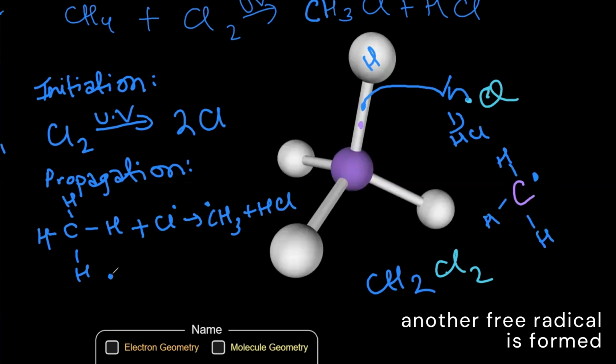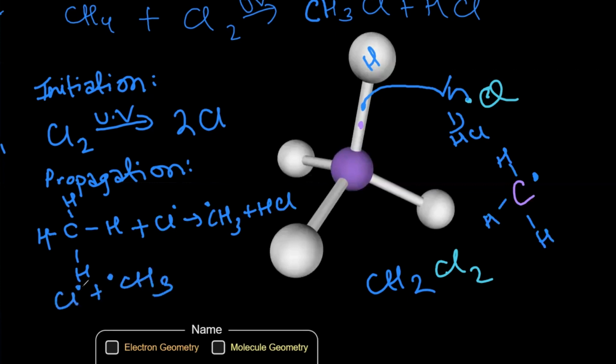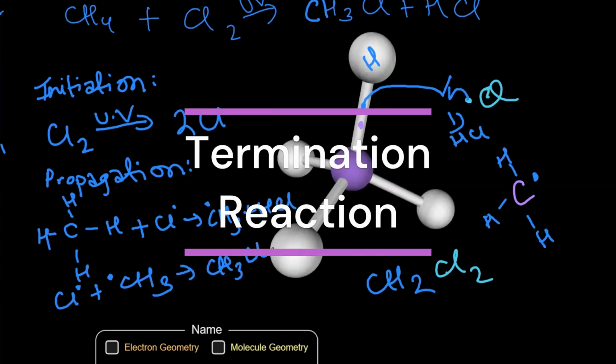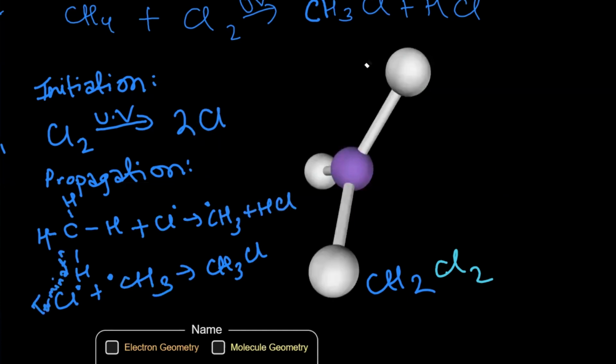Now this free radical can react with another Cl to form CH3Cl. This is a termination. Here we can have another free radical of chlorine floating around, because there are many free radicals of chlorine in this reaction. Carbon is also a free radical molecule now, and then these two can get together and form CH3Cl.